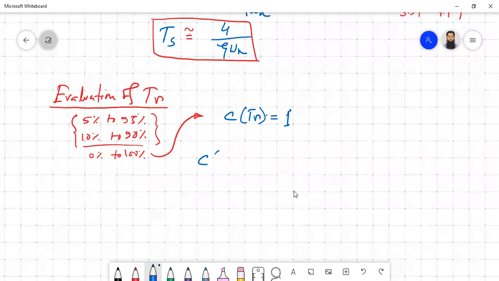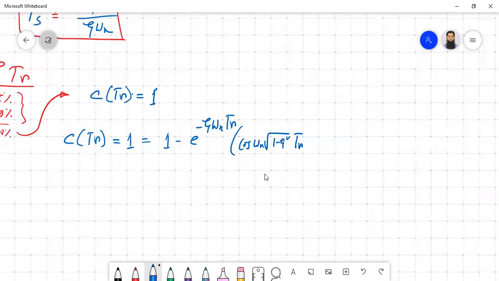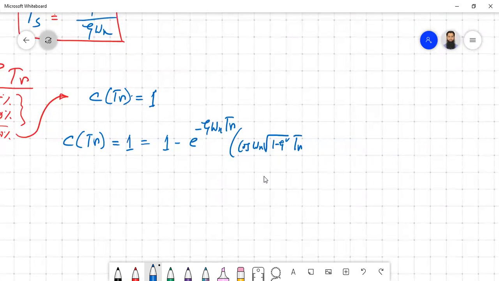So c(tr) is going to be 1, and our formula is 1 minus e to the power minus zeta omega n tr, times cos of omega n root over 1 minus zeta square tr, plus zeta by root over 1 minus zeta square sine of omega n root over 1 minus zeta square tr.